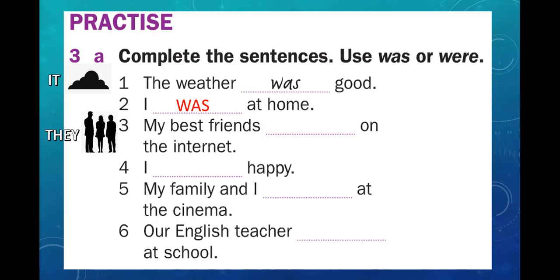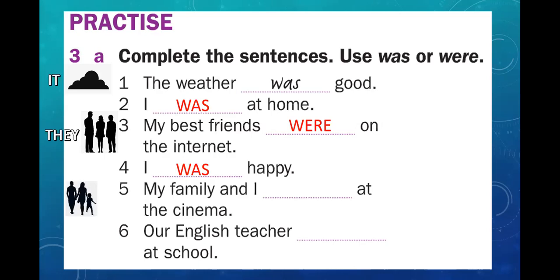So they, the pronoun they, uses the form were. And there we have it. My best friends were on the internet. Number four, I. The same thing that we had with number two. I was happy.